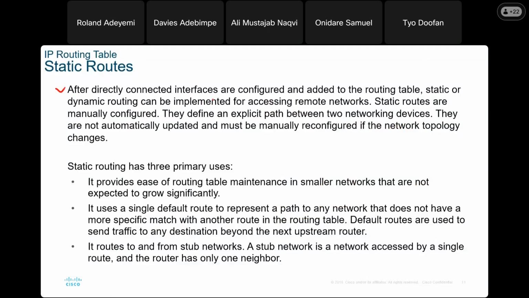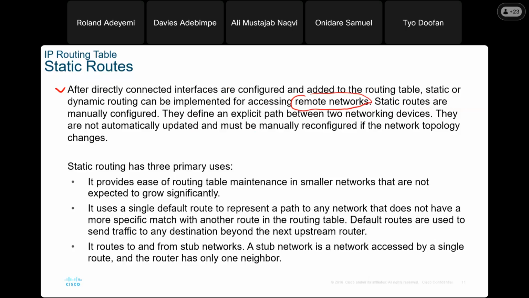After directly connected interfaces are configured and are added to the table, we must start with directly connected first. Static or dynamic routing can be implemented for accessing remote networks. Static routes are manually configured.